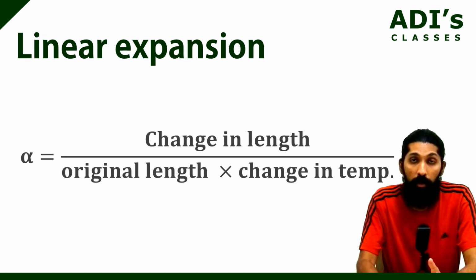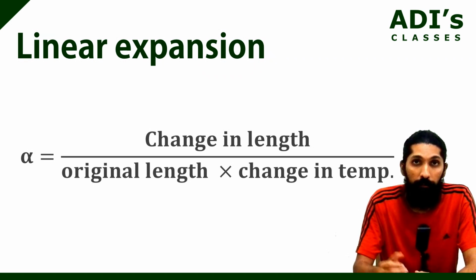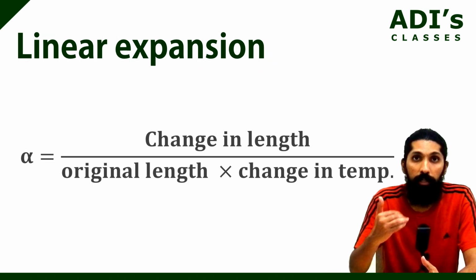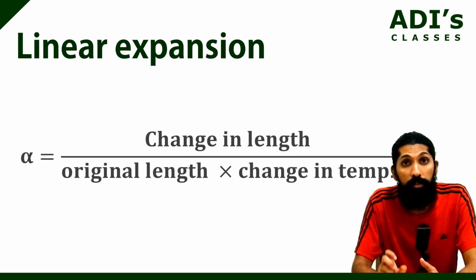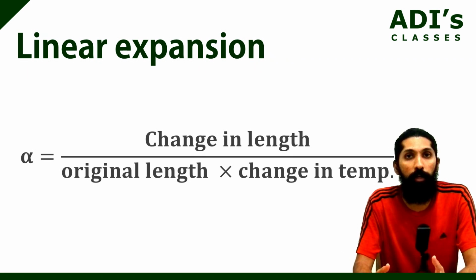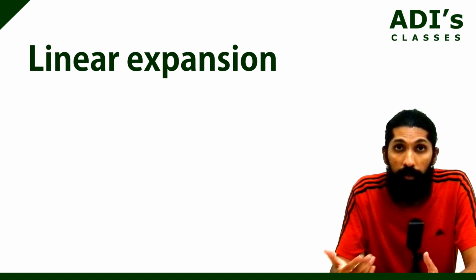In the sense, for the given length, if I increase the temperature by some degree Celsius or Kelvin or whatever it is, if you increase the temperature, what is the change in the length? Okay, that is alpha. Now, what if we have two different temperatures and two different lengths?